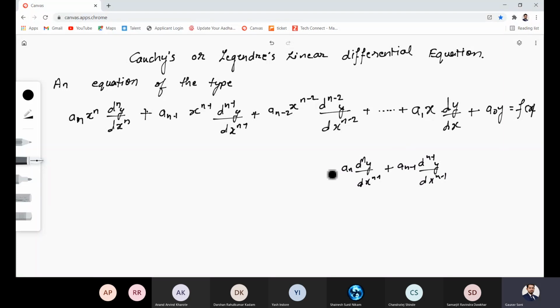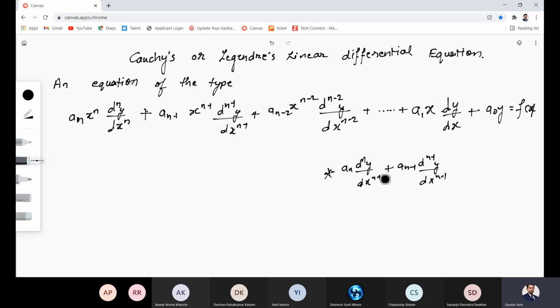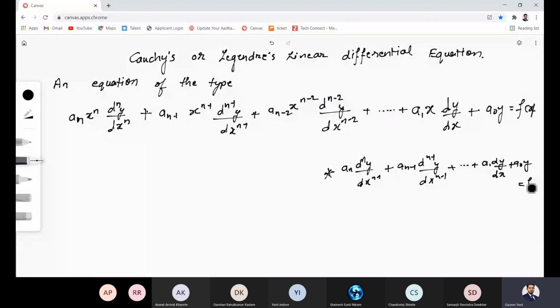So the original equation for a linear differential equation is of this type: a_n d^n y upon dx^n plus a_(n-1) d^(n-1) y upon dx^(n-1) plus up to a_1 dy by dx plus a_0 y equals f of x.